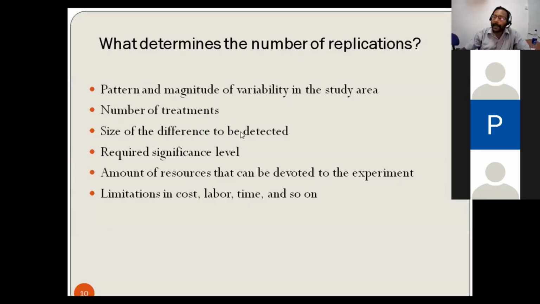Suppose during the rainy season, if you take a water sample, you need to have more water samples. Why? Can somebody explain? Because the water is mixed with sand and other debris material.